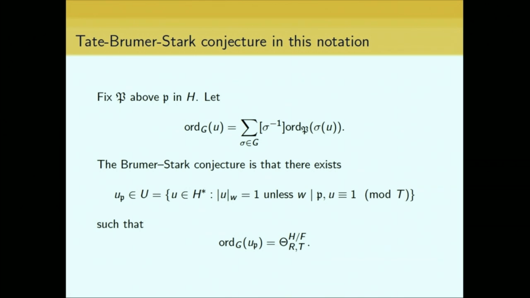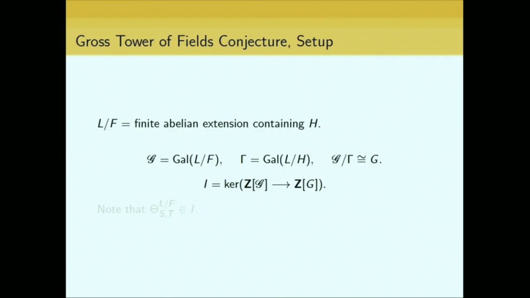Okay, and now that I have that conjecture stated, I can state Gross's conjecture, if this thing would advance. Recall we had this finite abelian extension H of F, and I should have written an additional assumption here, which is very important, that L should be unramified outside S. So this is the difference.